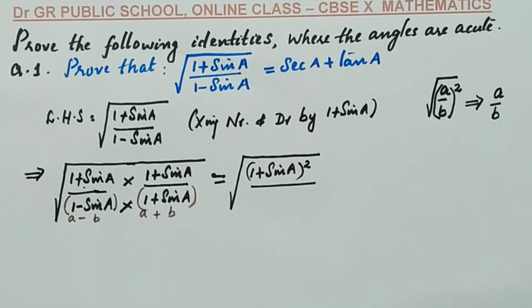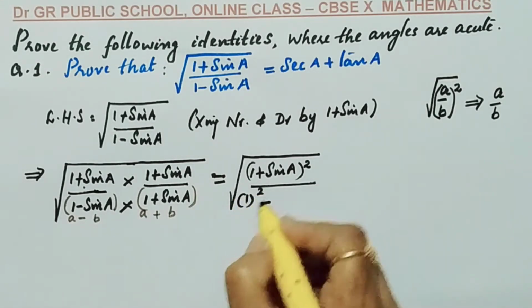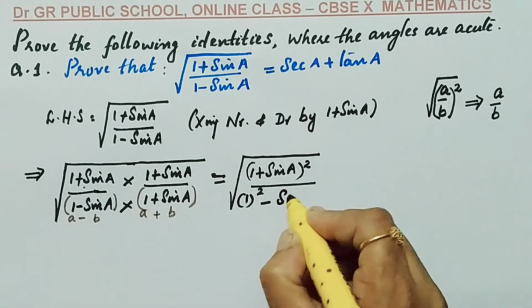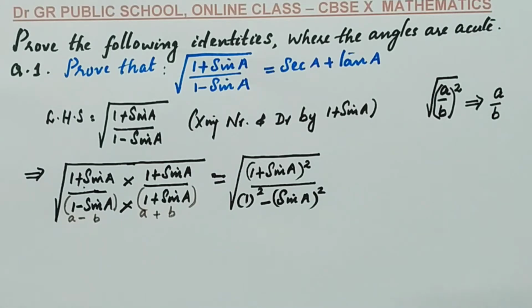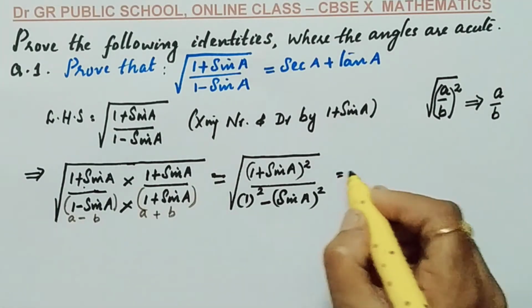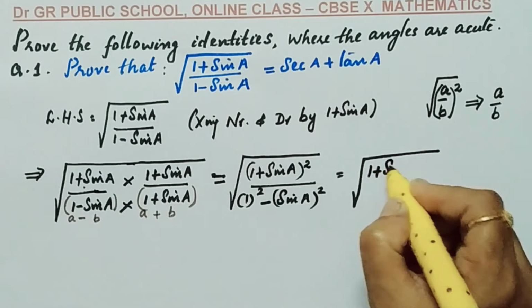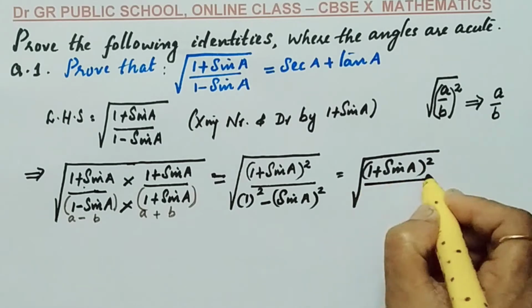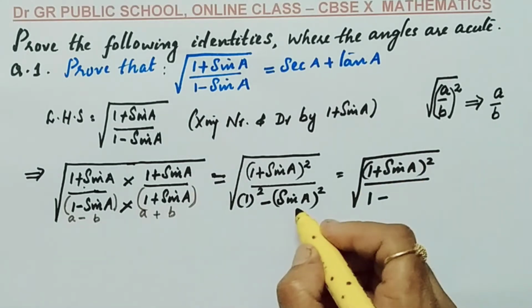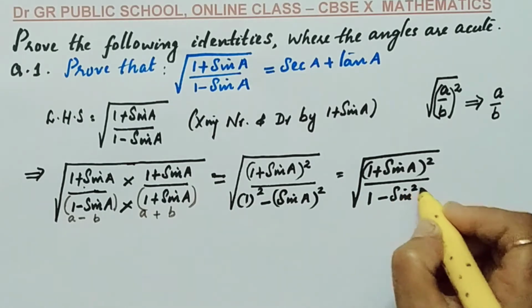What is A minus B into A plus B? A square minus B square. Here 1 square minus sin A the whole square. This can be written as root of (1 plus sin A) the whole square divided by 1 minus sin square A.